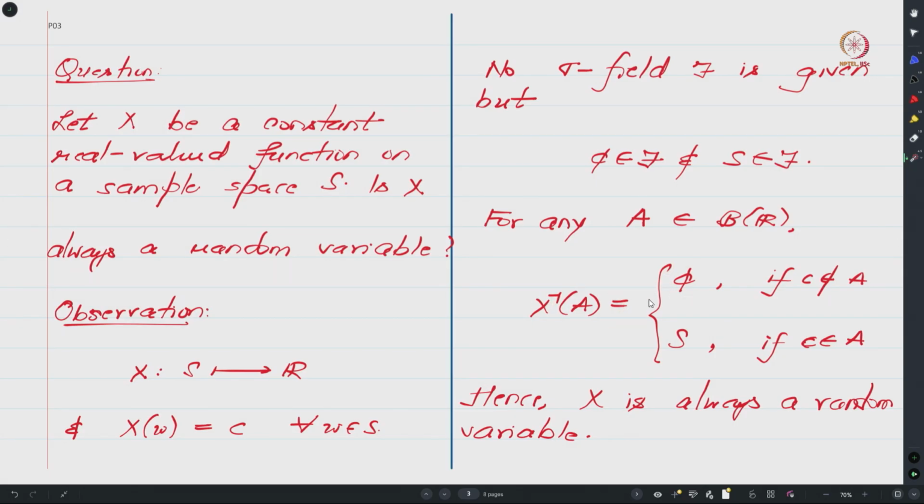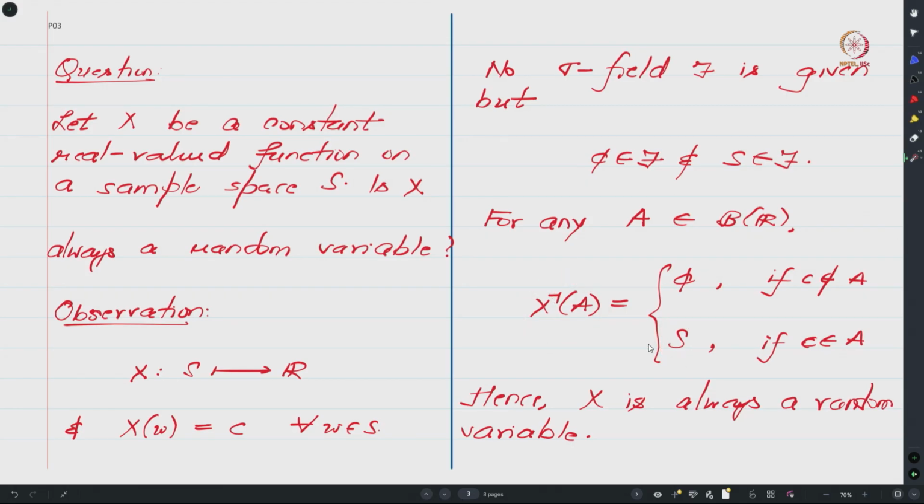On the other hand, if this element c belongs to A, then X inverse A will be the whole space, because every element in S is mapped to c, and c is an element of A, which implies that X inverse A will indeed be S.